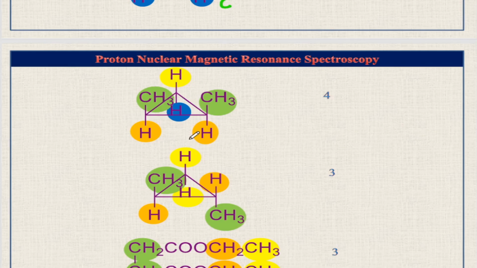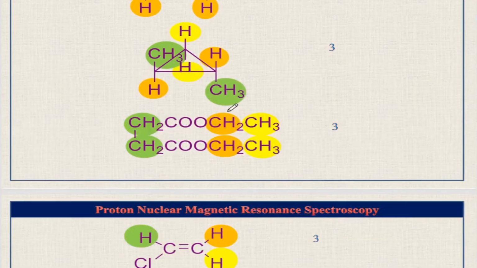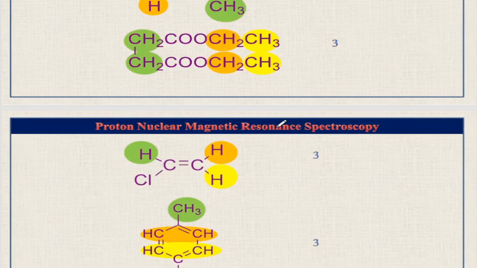Cis 1,2-dimethyl cyclopropane has four sets of protons, so it gives four NMR signals. Trans 1,2-dimethyl cyclopropane has three sets of protons, so it gives three NMR signals.